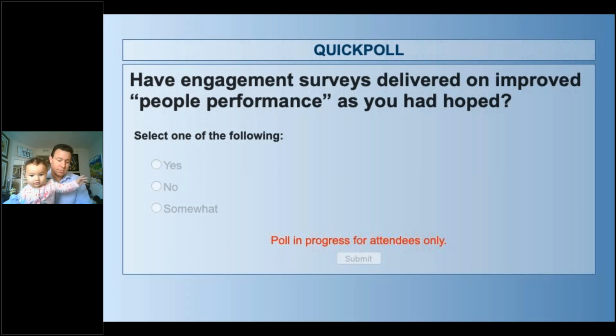Okay, have engagement surveys delivered on improved people performance as you had hoped? Yes, no, or somewhat? We'll give it about 30 seconds here.